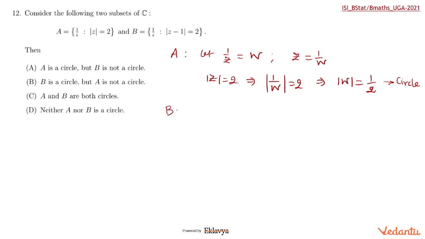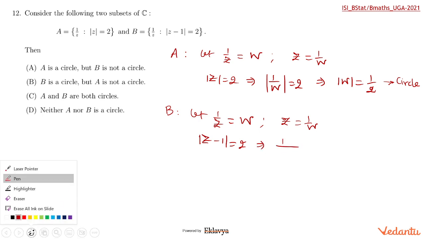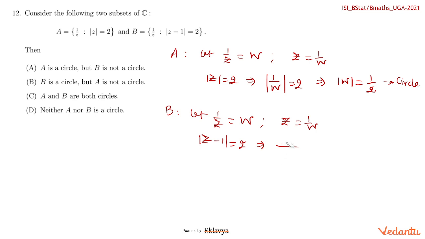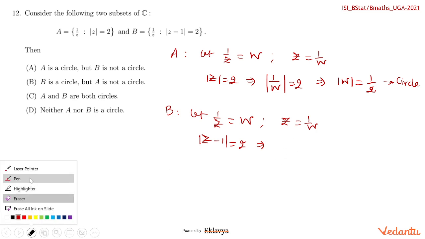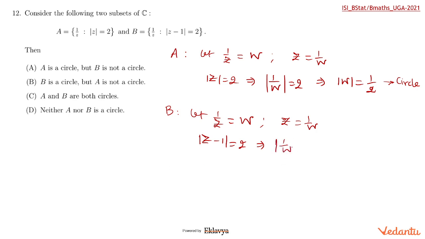Coming to B. Here also let 1 by Z be W. So Z is 1 by W. Mod of Z minus 1 is 2. So mod of 1 by W minus 1 is 2.